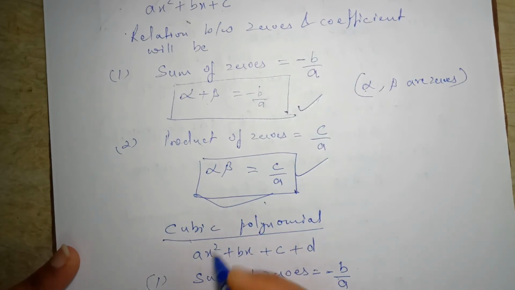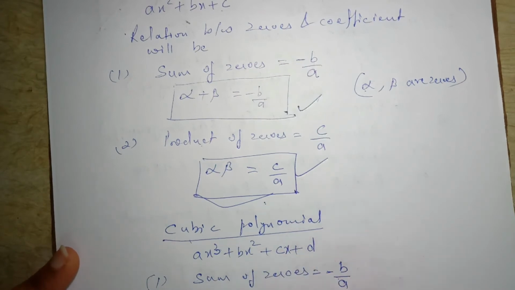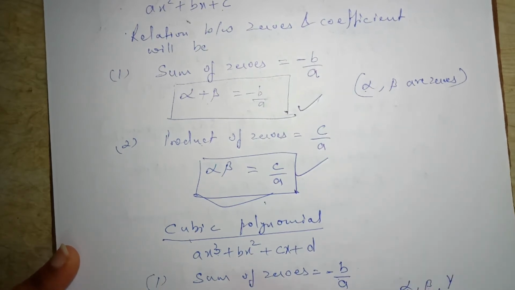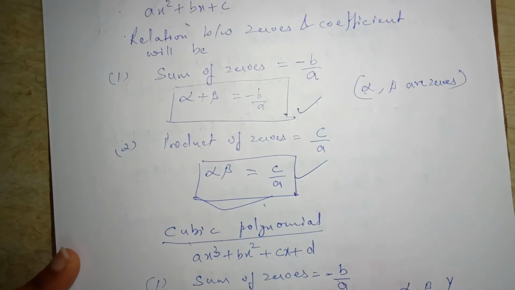Here the degree is 3, so we have how many zeros? 3. Let alpha, beta and gamma be the zeros. So alpha plus beta plus gamma is equal to minus b by a.